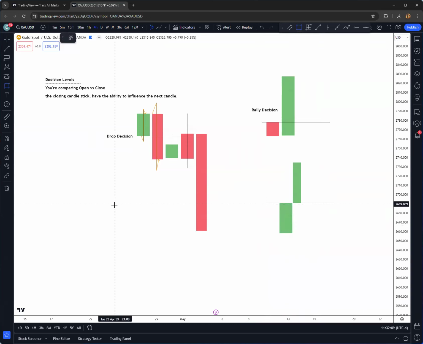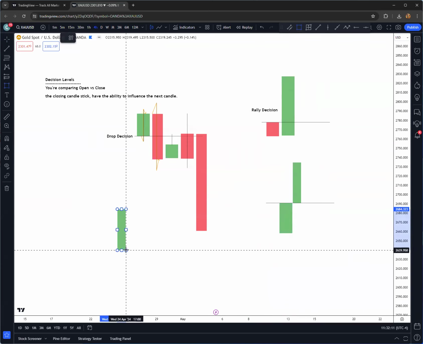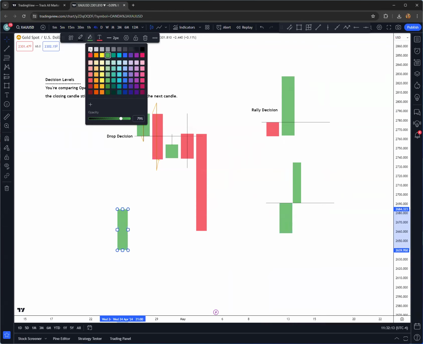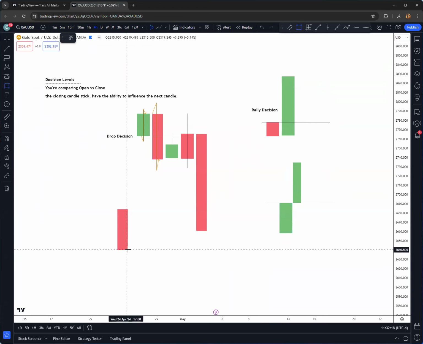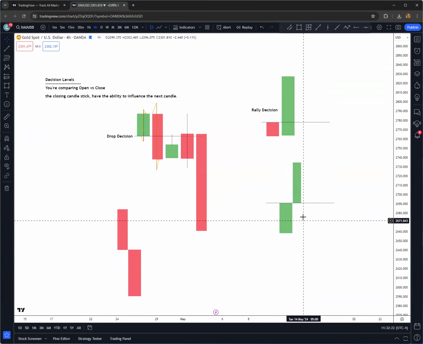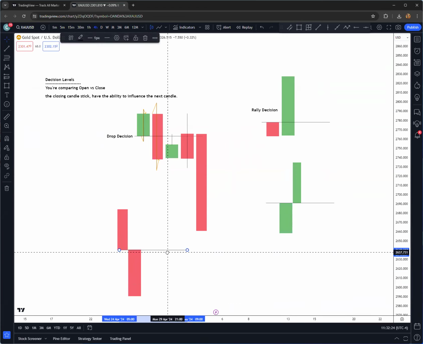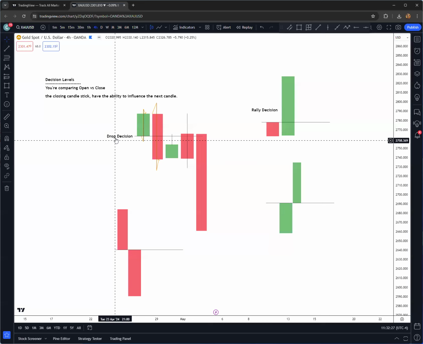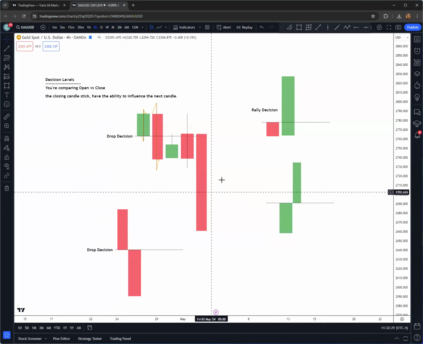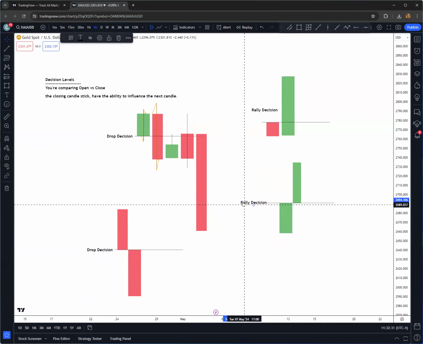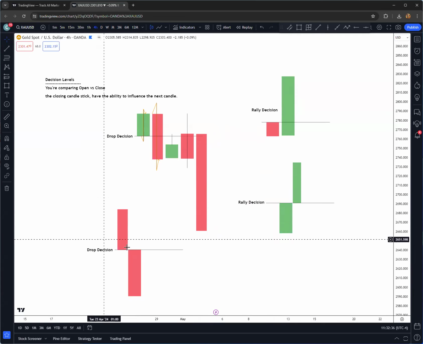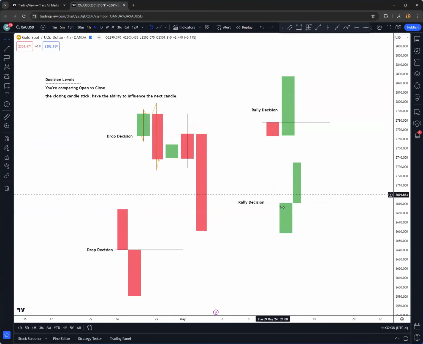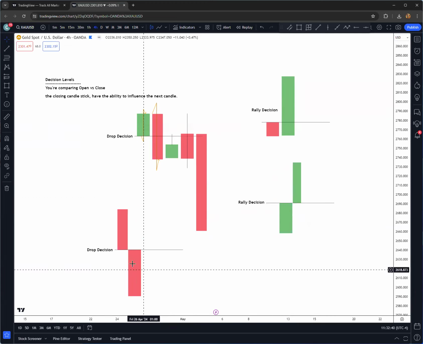There's one for sell, and the decision level is right here. So this is drop, this is rally. These are the two decisions in the market that you're looking for. Two types, the drop ones and the rally. These are more continuations at the bottom.